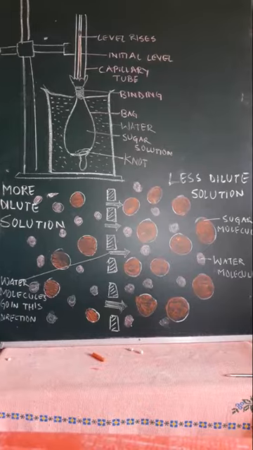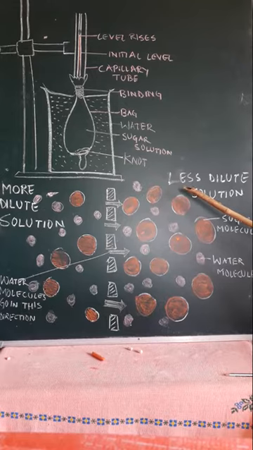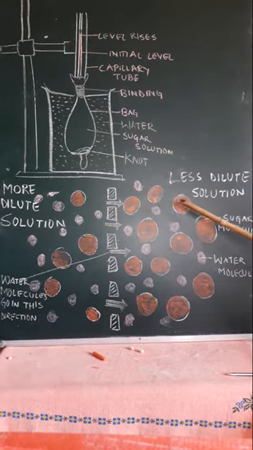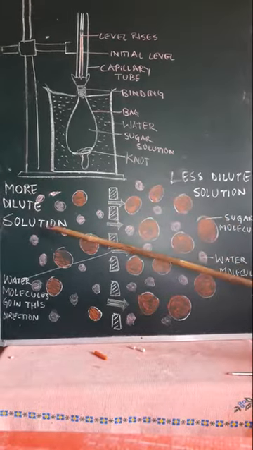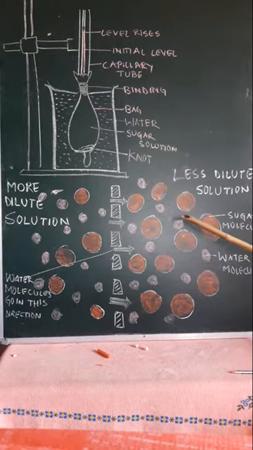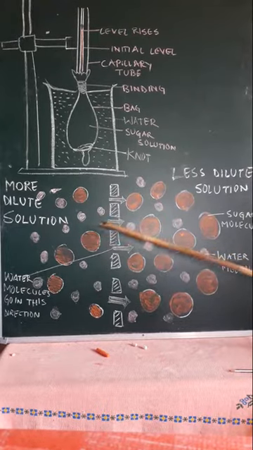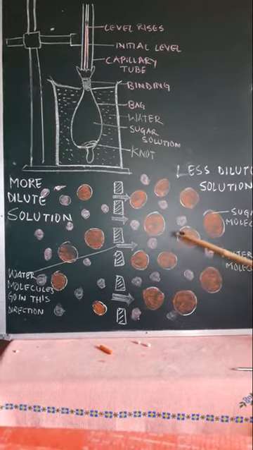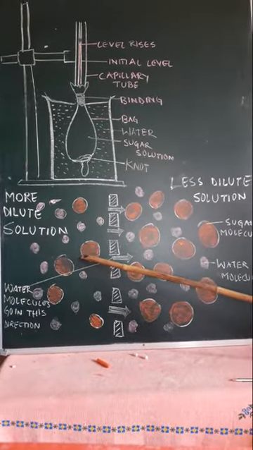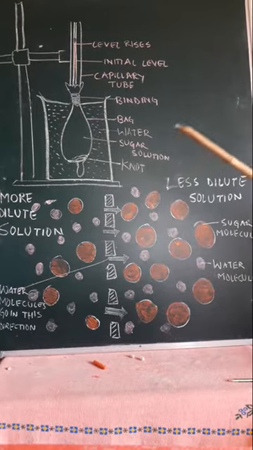So the movement of water molecules is from more dilute solution to less dilute solution, means from lower concentration to higher concentration. You can see the water molecules moving from lower concentration to higher concentration, but the sugar molecules don't move to the lower concentration side. So osmosis is taking place here.